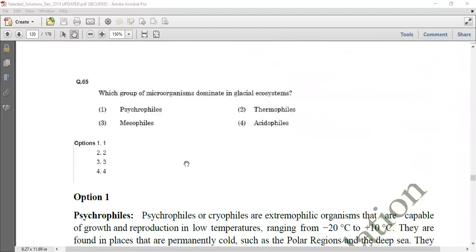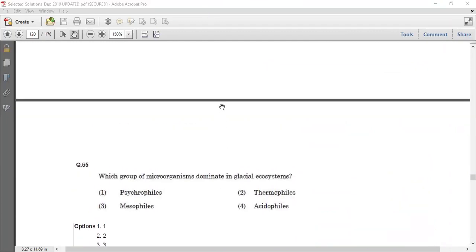So this is the order. Is it clear to everyone? Anyone having any doubt in question number 64? Any doubt? Clear. Let's move to question number 65.